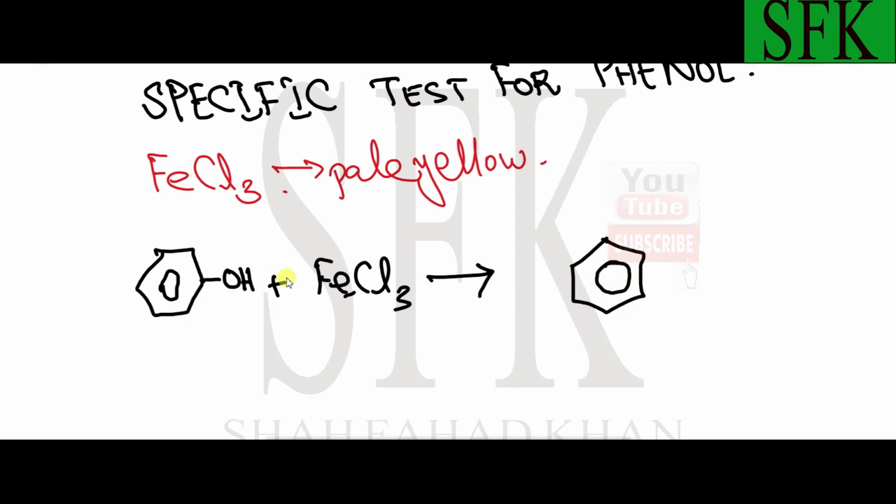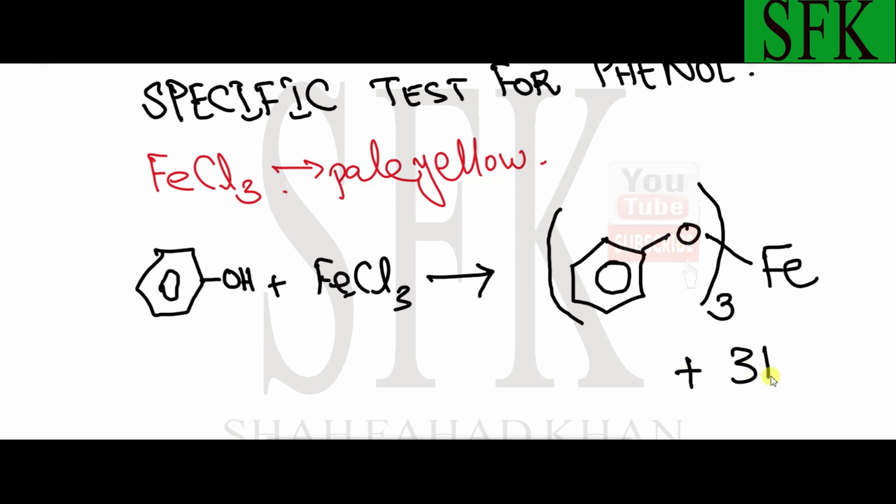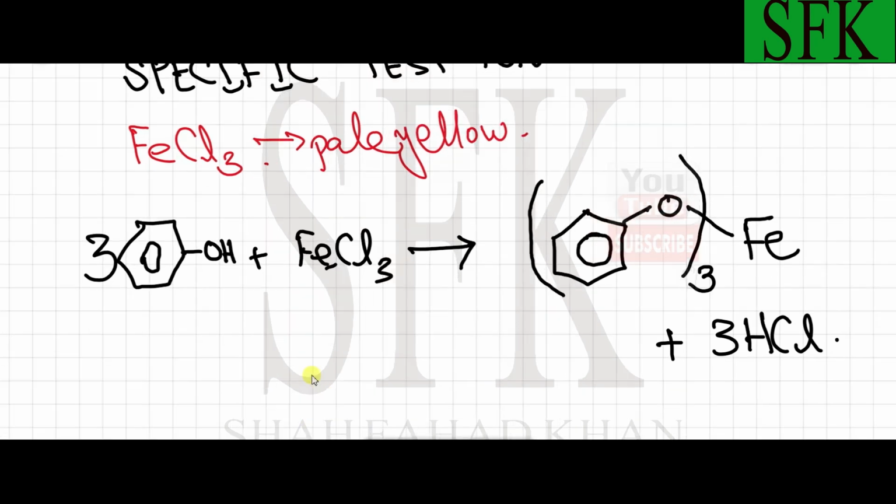The hydrogen is removed, and oxygen is left, and then this oxygen is combined with the iron, and there is a 3 outside the brackets indicating 3 of each of the atoms inside the bracket, and 3 molecules of HCl are given out as byproducts, and three molecules of phenol are needed in this reaction.